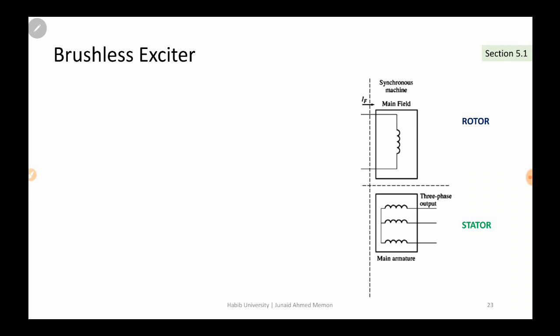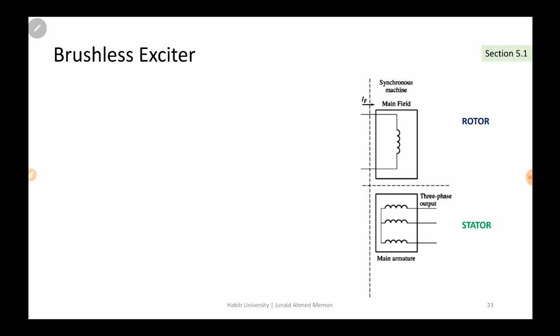The idea behind the brushless exciter is that you have one more generator mounted on the same shaft that generates AC voltage on the rotor, and that AC voltage is converted to DC with the help of a rectifier, which is also placed on the rotor.